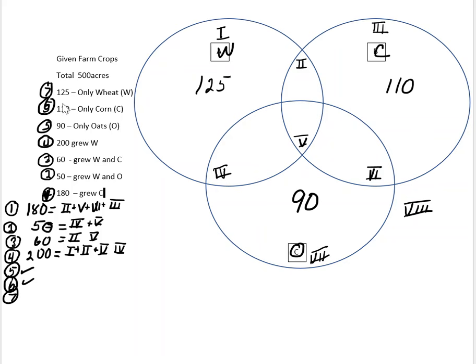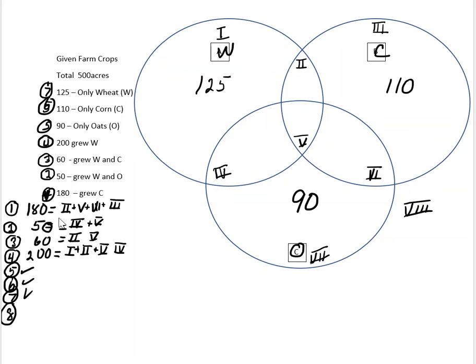So unlike the other example, we didn't start in the center and work our way out. We're out here. And we know that there's 500 altogether, but that's not going to tell us too much, because that's the sum of all the pieces. The only thing we know for sure is the total of C. But in step 8, we can start to look and see if we know something more beneficial.